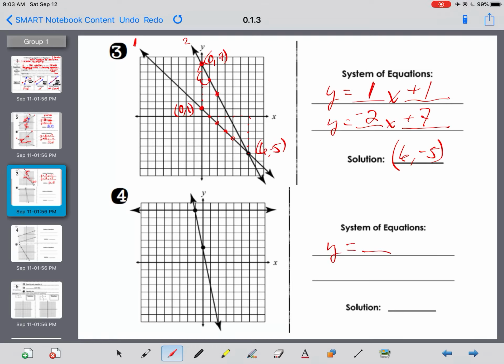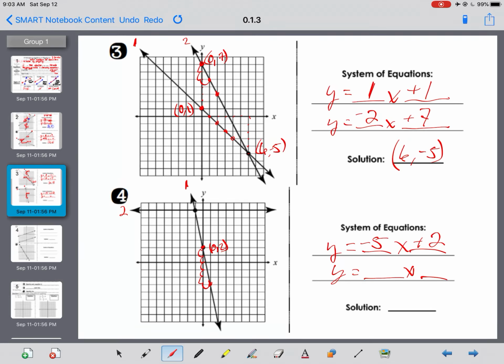All right. Y equals something x something. Okay, this is going to be line 1. This will be line 2. Okay, line 1, I can do the b real quick. It hits at 0, 2. So plus 2, positive 2. The slope, there's my next hit. 1, 2, 3, 4, 5 down, 1 over.